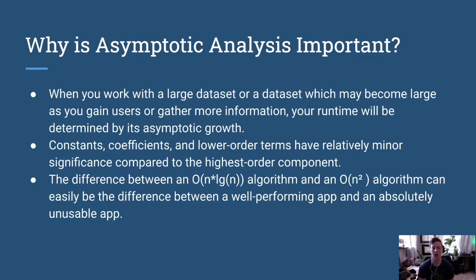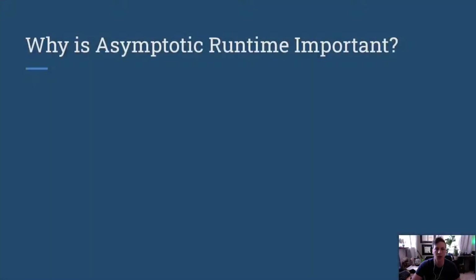So changing your algorithm, you might get the exact same results, but using the right algorithm is the difference between Google being able to perform a search for you in 0.1 seconds versus 10 years, right? And it sounds extreme, but it really is pretty extreme. We'll take a look at some small examples in the future, and you'll see how big of a difference it makes when we use the correct algorithm.